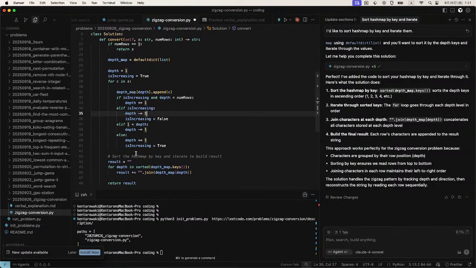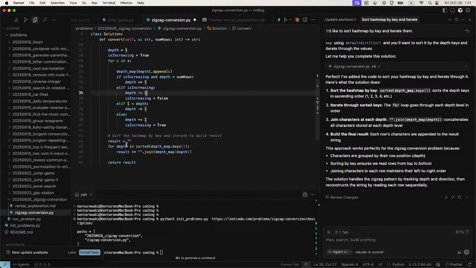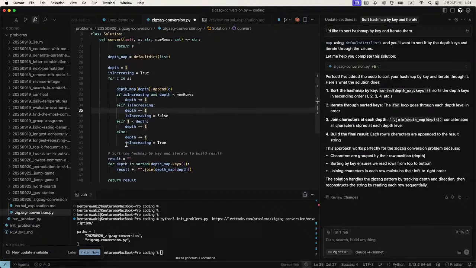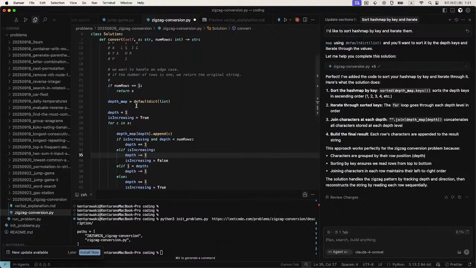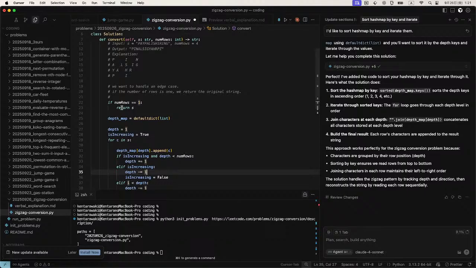I understand. In this code, we assume the depth range has two values because we either increment or decrement depths. So we have two ranges. So the number of rows should be more than one.